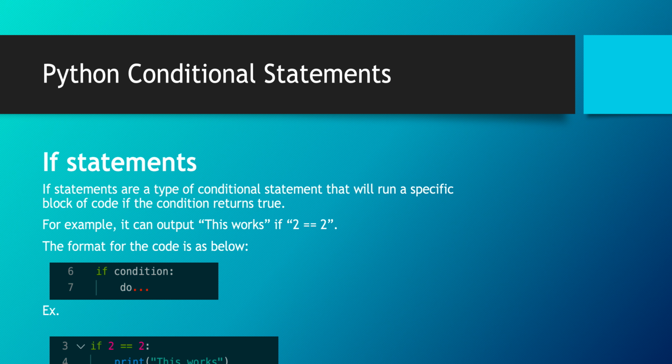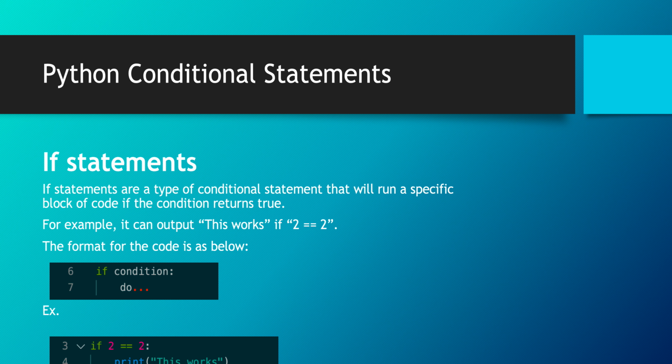So if statements are a type of conditional statement that will run a specific block of code if the condition is true. So if A is true, then the block of code will be run.